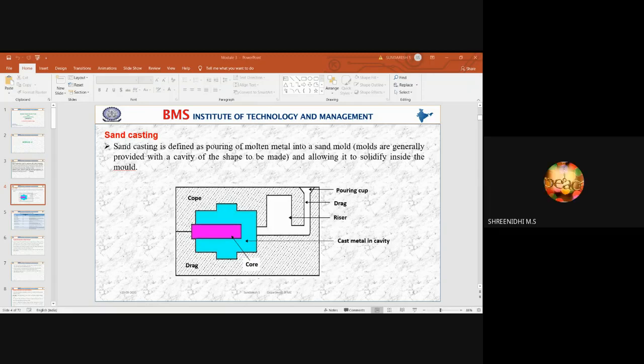We'll make the vent holes, and for pouring the metal we'll make a passage, sir. Very good. Afterwards you will reverse the cope and place it over the drag, and later you will make the runner and riser and the gates, and you will make the vent holes. Yes, sir. That is the basic procedure in making a sand mold cavity.